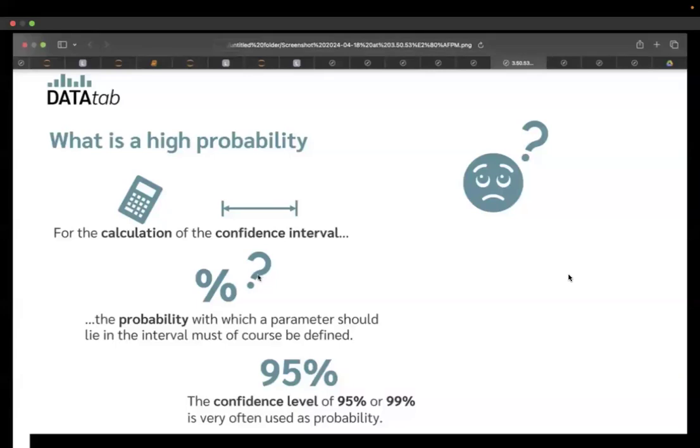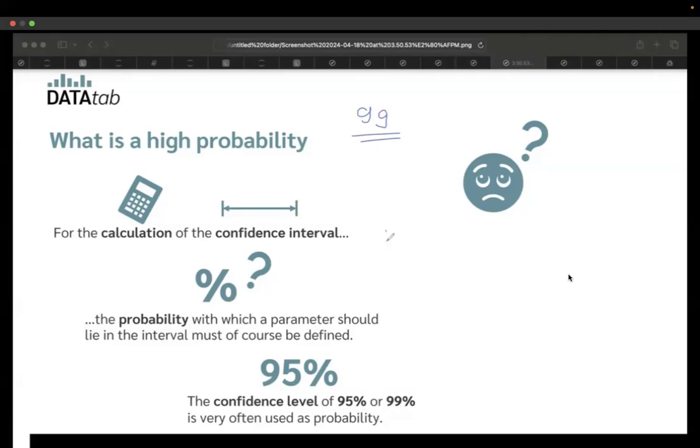Okay, so for the calculation of the confidence interval, the probability percentage with which a parameter should lie in the interval must be defined. Understand this thing. It is very important, since this is the first step. You are going to encounter these points, confidence interval and percentage probability, very frequently, so understand this very well.